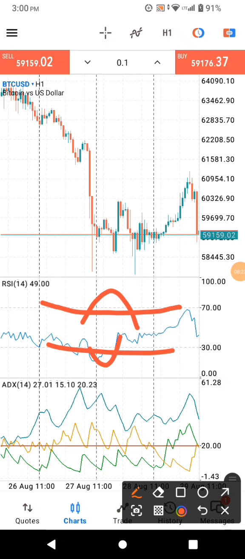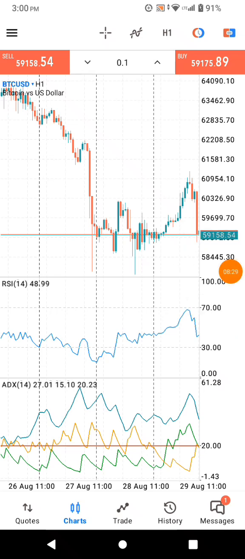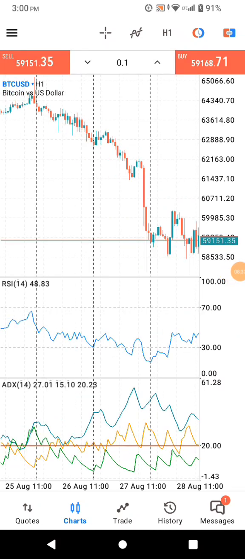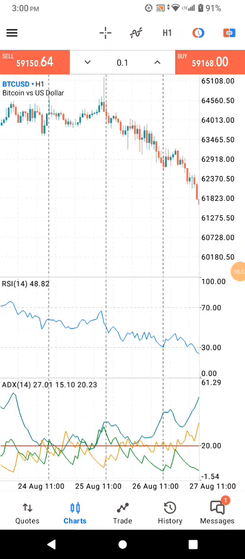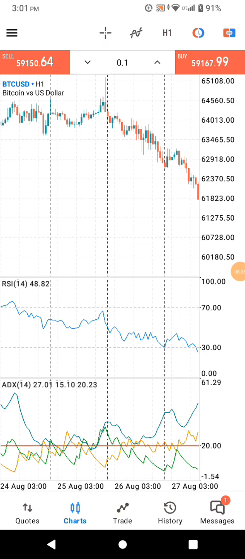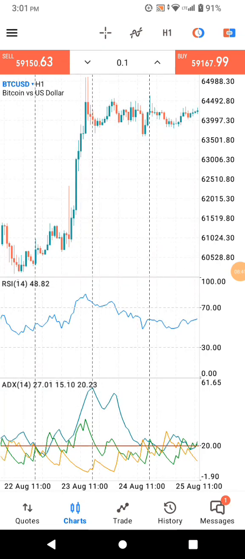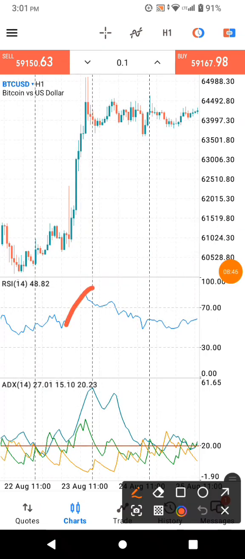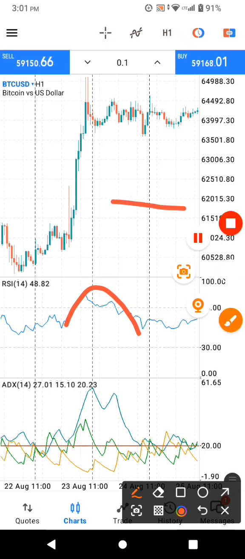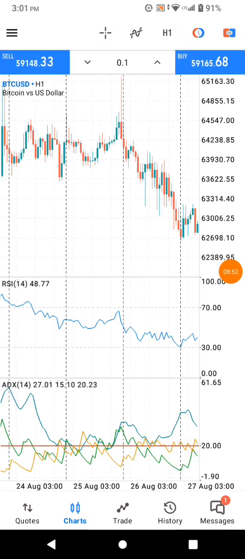But for me, as someone who understands the market, RSI will just show you that the trend is coming to an end. It doesn't mean that the trend will reverse. It means that the trend is waning, losing its momentum. Yes, sometimes RSI can come up to about 70 and come down, and the trend changes, as you can see.